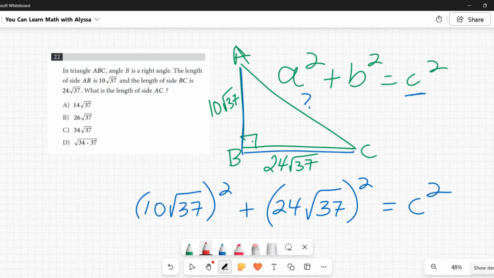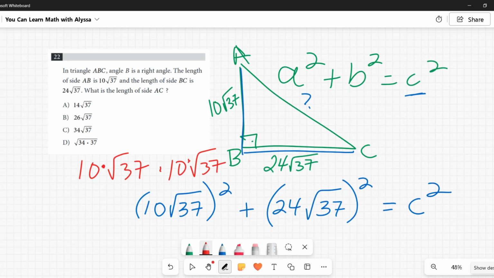So when I square 10 times the square root of 37, that is 10 times the square root of 37 times itself. Since these are all multiplication, I can reorder things. That's called the commutative property of multiplication. Ooh, big fancy word.